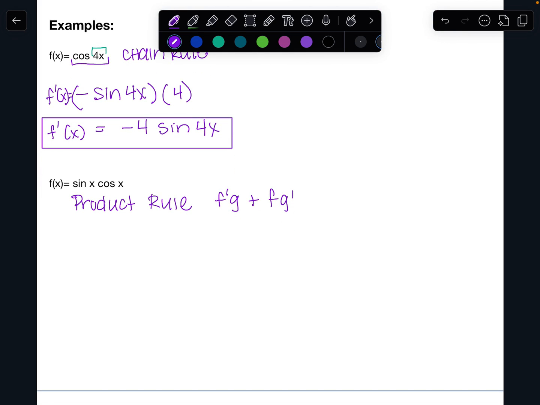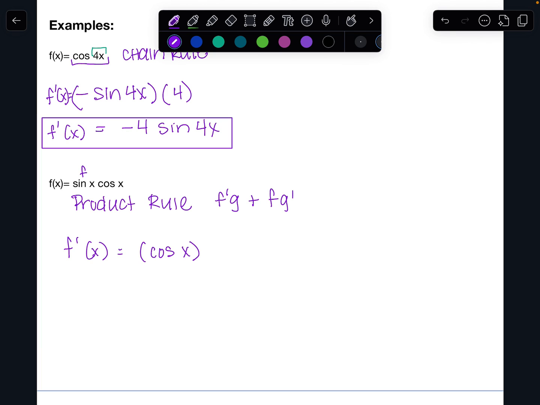Okay, so f prime of x equals the derivative of sine, which is cosine x.